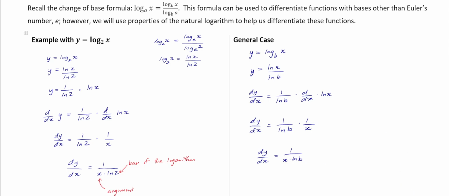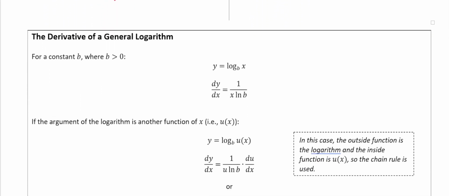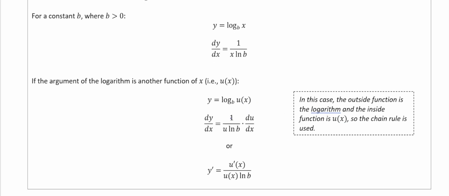Now, you'll see this written over here as a general case. But we also have to consider, what if the argument itself is a function? If the argument itself is a function, then I have to go 1 over the argument times the natural logarithm of the base, but then I have to apply the chain rule with the derivative of the argument.